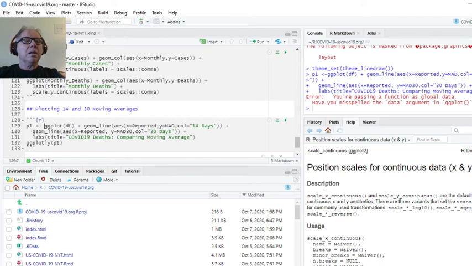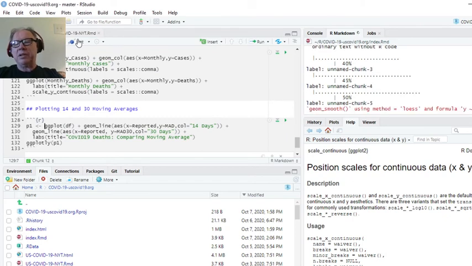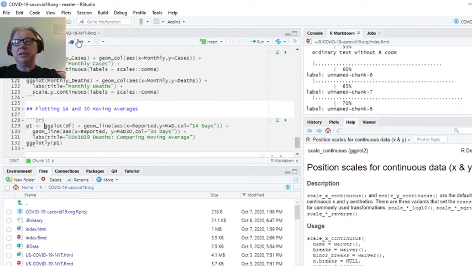Okay, let's run this one more time. I just converted the last plot into an interactive plotly.